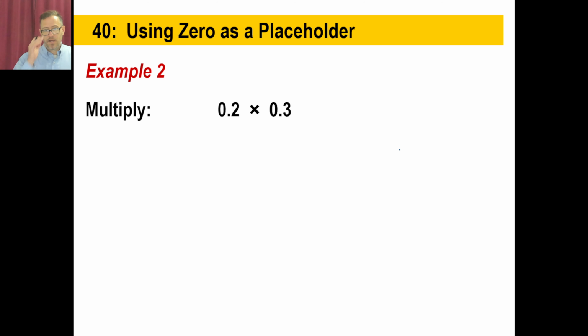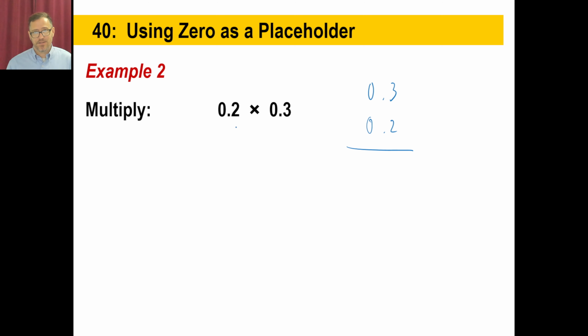Okay, try another one. 0.2 times 0.3. Now remember last time, if you're multiplying numbers with decimals, you can just forget the decimals, forget the 0, and just write this as a multiplication problem.